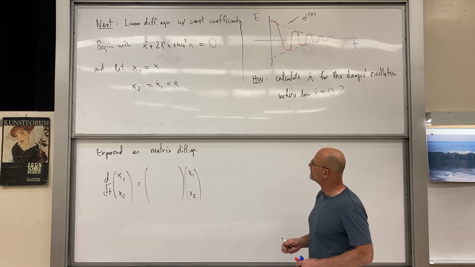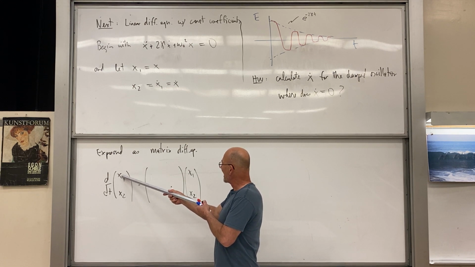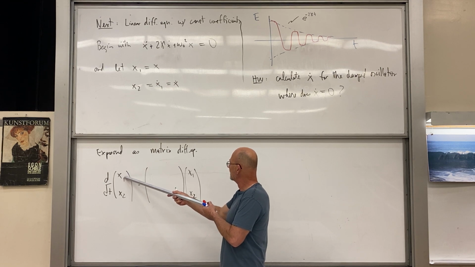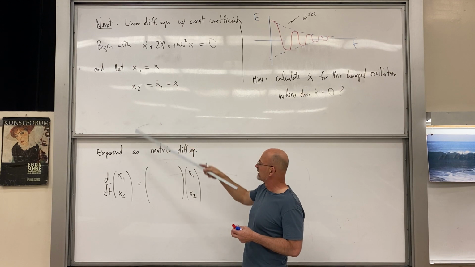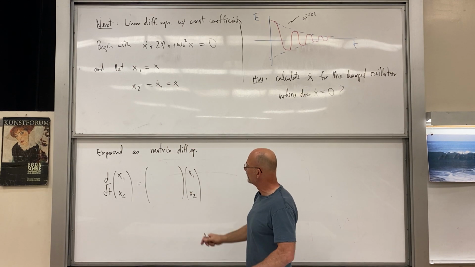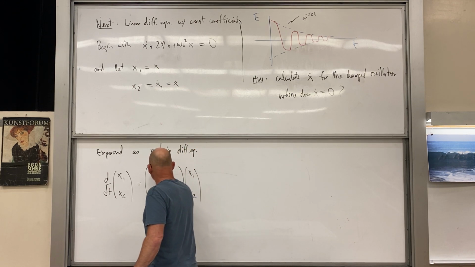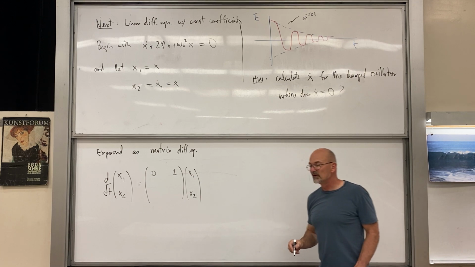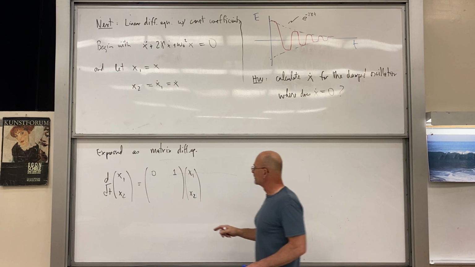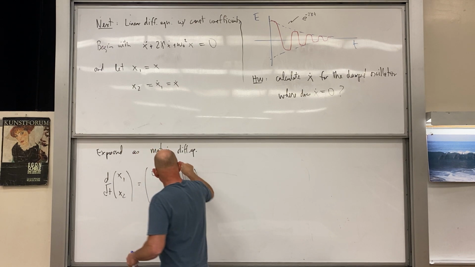What do we have there? In fact, the time derivative of x1 is equal to x2. Okay? And you know we're doing a row times column here, so this is apparently 0, 1. First row is just 0, 1.